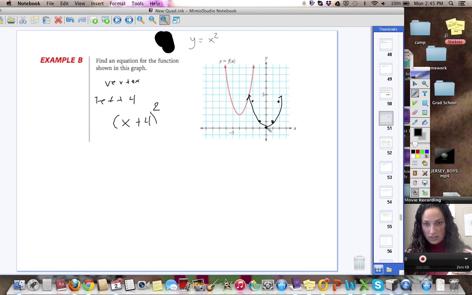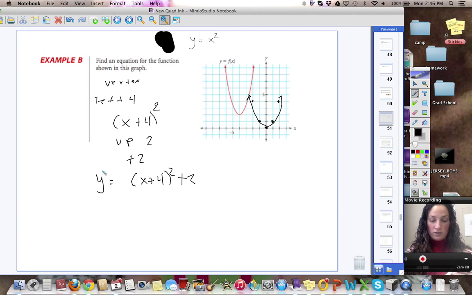Then it's at 0, 0 and it moves up 2, so that's going to be my plus 2. So right now I have y equals x plus 4 squared plus 2.